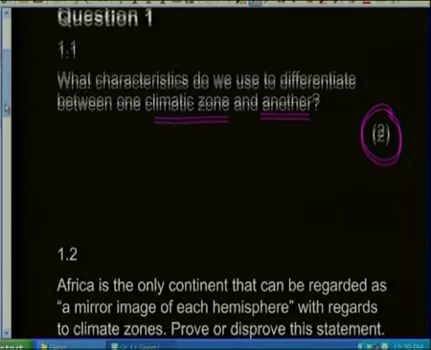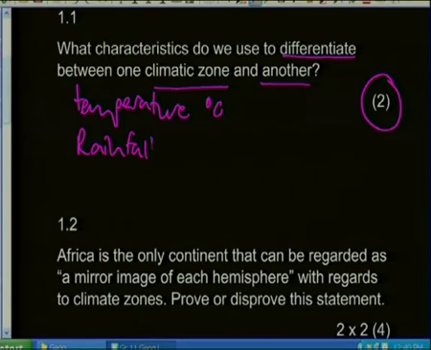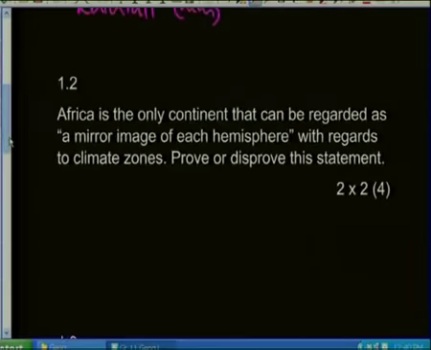Now, remember, if you've done your studying and you've learnt the 2 elements of weather or the variables we're talking about here, which differentiate one place from another in terms of climate, it is temperature on the one hand, how hot or how cold the air is, and we measure that in degrees Celsius. And also rainfall patterns can be similar or dissimilar in places, and we measure that in millimeters using a rain gauge. So there, for 2 marks, you've said temperature 1 mark, rainfall 1 mark.